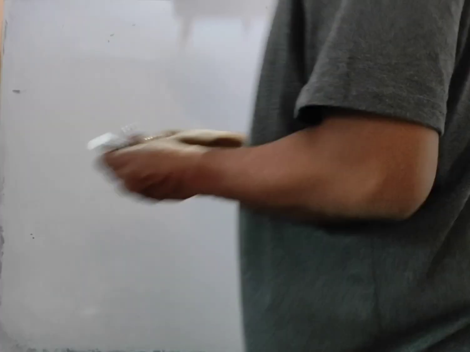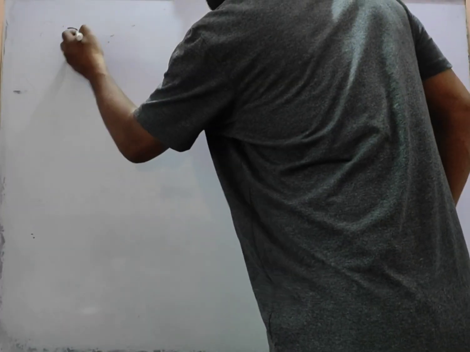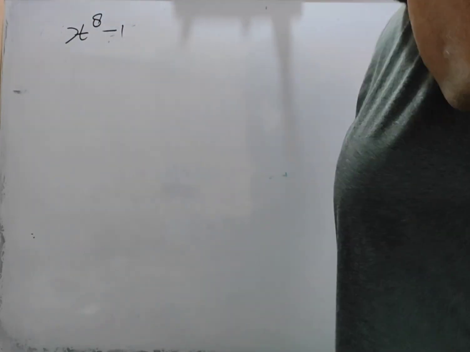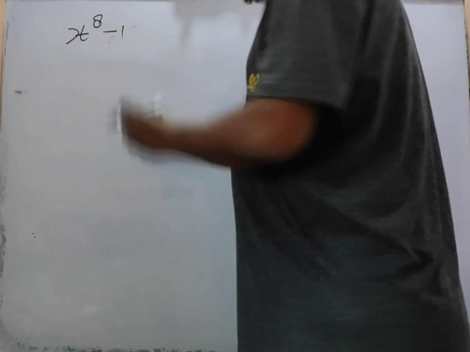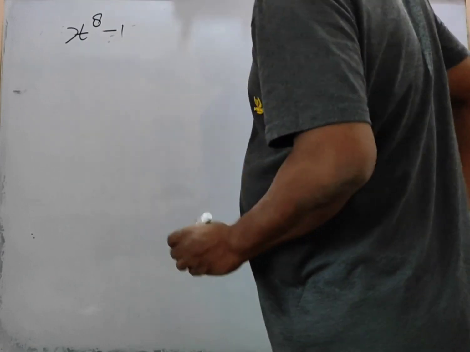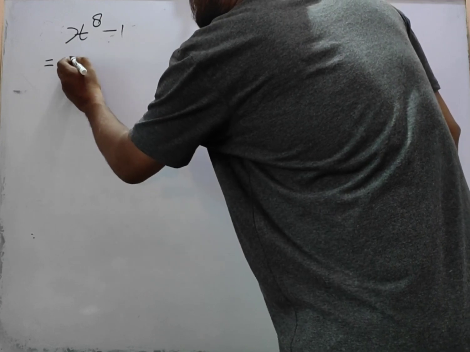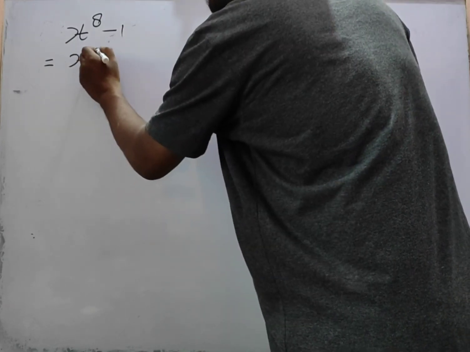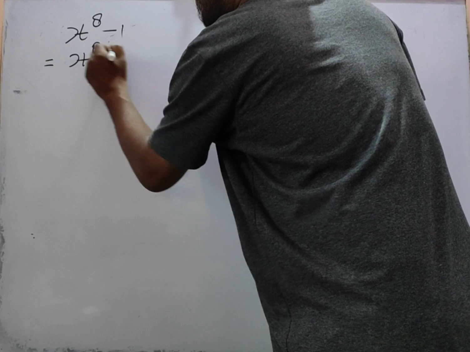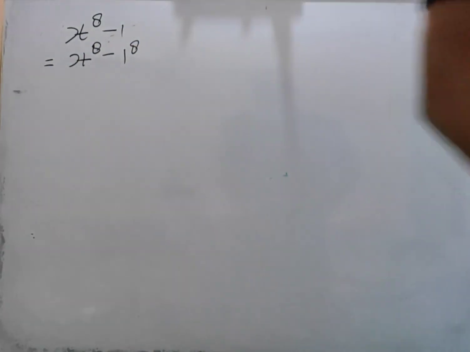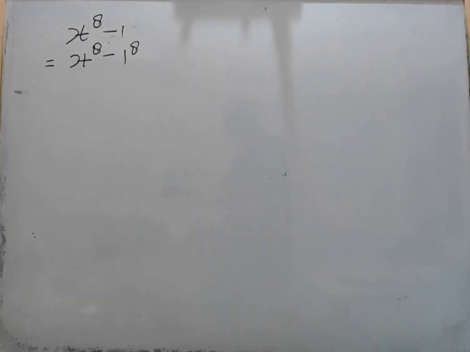You are saying x power of 8 minus 1. Okay. So what we do, we can write it like this: x raised to the power 8 minus y raised to the power 8. Because if we give power to 1, there is no value. 1 multiplied 8 times, we get the same value 1.